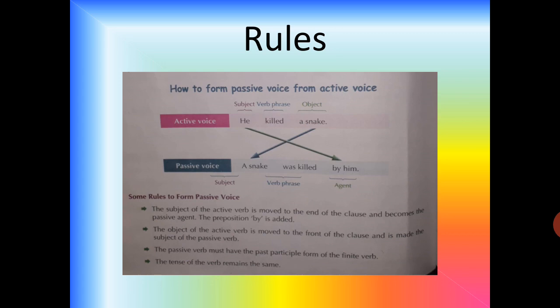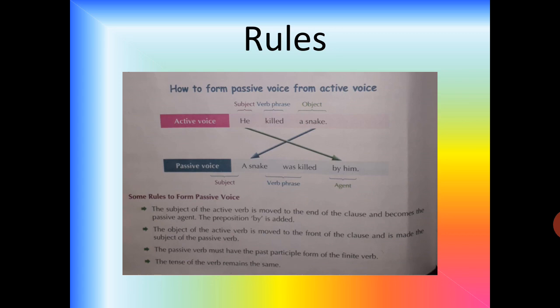It will not be the base form or the ing form of the verb. No. In every tense, you have to use the past participle of the finite verb. And the tense will not change. If the sentence is in present indefinite, the passive will also be in present indefinite, and so on in all kinds of tenses.